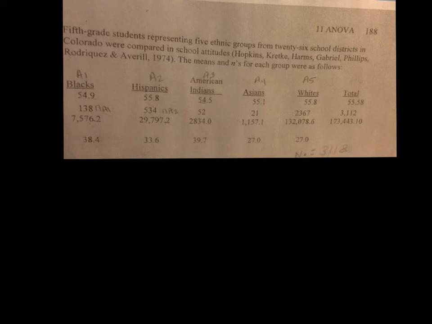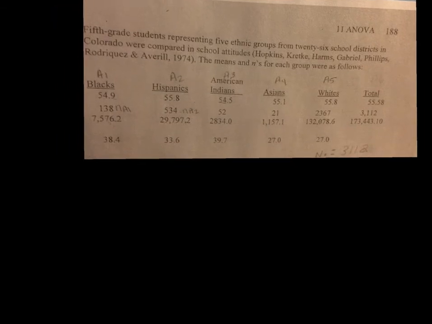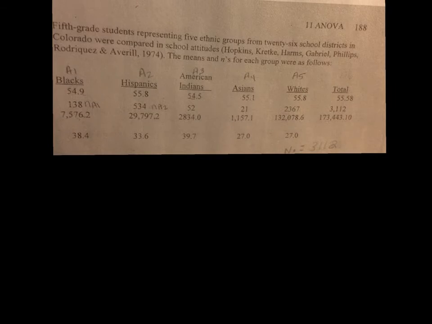I've been going through a whole bunch of examples just to make sure that I understand this properly, and I think that what's happening here with this one is that the information has been given to you a little bit differently than your previous example, and because the n is so high, because we've got like the 3,112 subjects here, I don't seem to be able to write on this.